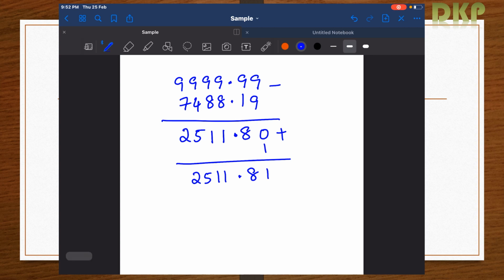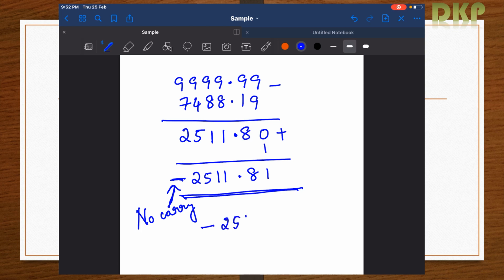So this is the tens complement of the intermediate result, and with this result you have to put a negative symbol because there is no carry. Since there is no carry, you have to put this negative symbol along with the final answer. Therefore, the final answer is minus 2511.81.